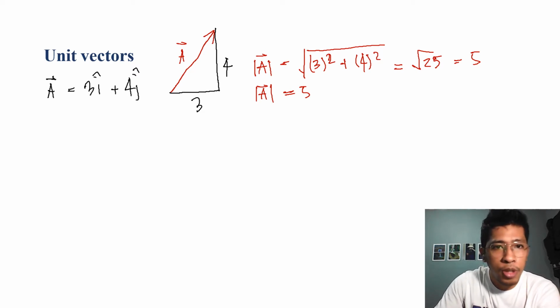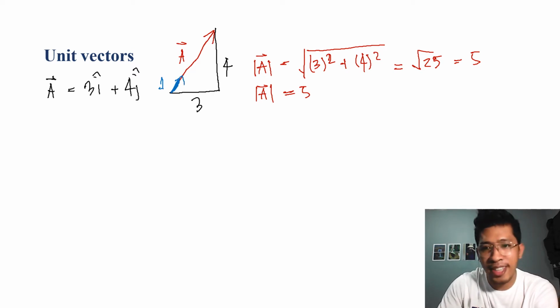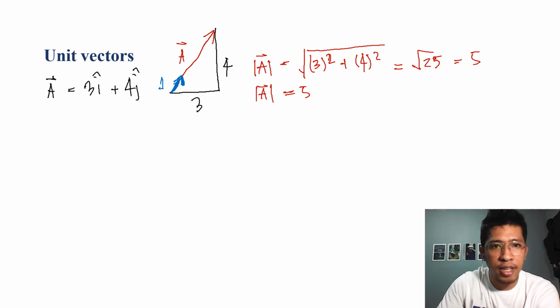Now, suppose I want to find a unit vector of magnitude 1 that points in the same direction as A. So what is this unit vector here? Before that, let me call that unit vector u hat. Again, you read this one as u hat. That is referring to this blue line vector here.